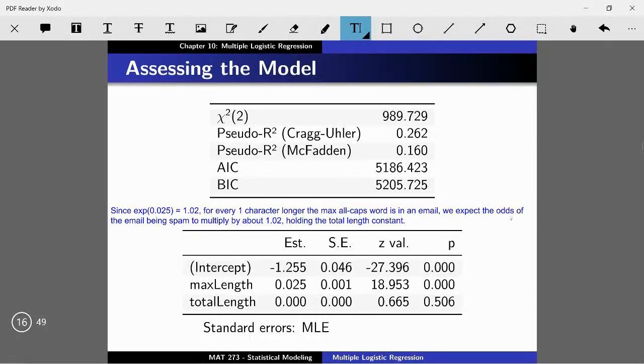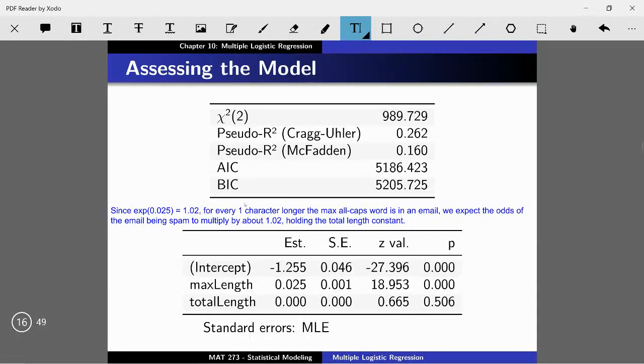And then the other thing is a common mistake is to say we expect the odds to increase by about 1.02, but that would imply a linear increase, just an additive effect. But it's important to say it's multiplying by about 1.02. So this effect for logistic regression is a multiplicative effect.